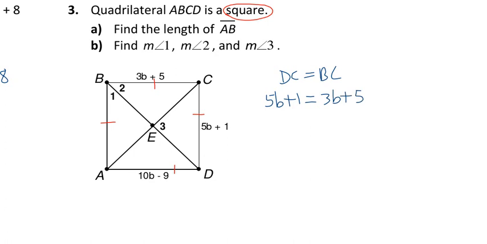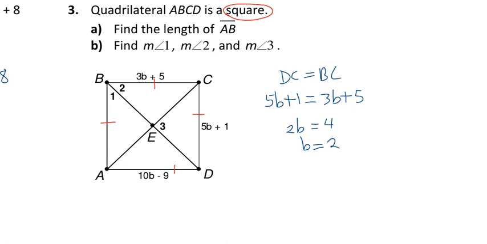Putting all the variables on one side, that will be 2V, and all the numbers on the other side will be 4, and V is equal to 2.